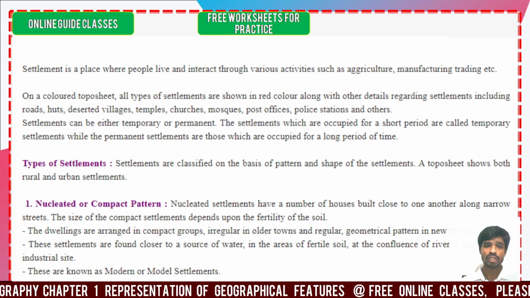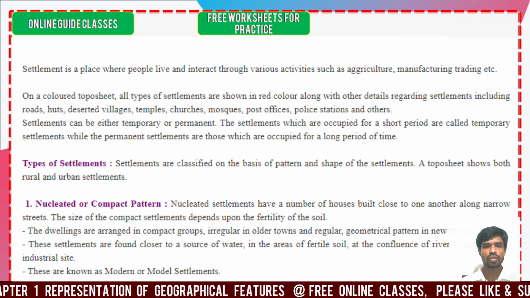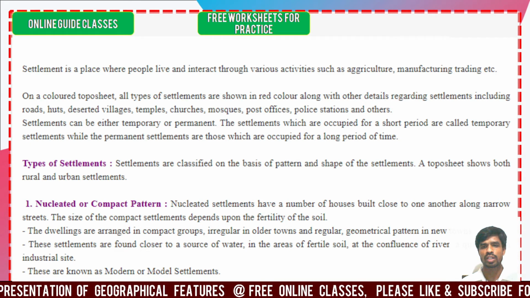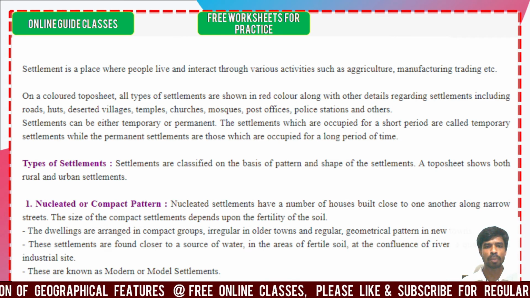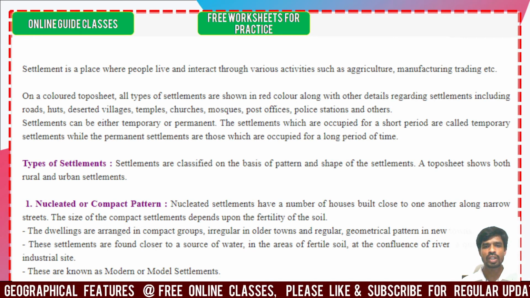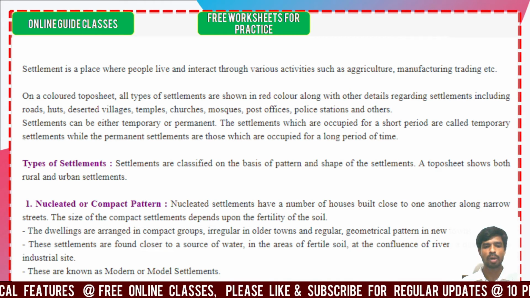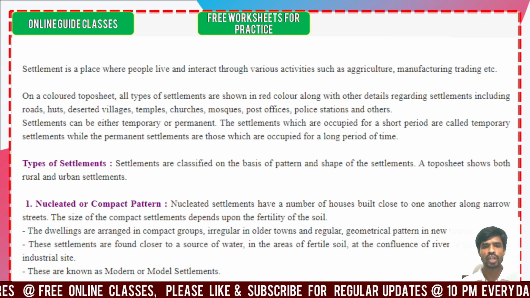Now let's understand the nucleated settlement. What is nucleated settlement? Nucleated settlements have a number of houses built close to one another along narrow streets. The size of the compact settlements depends upon the fertility of the soil. That means basically here the population lives very closely, very compact.